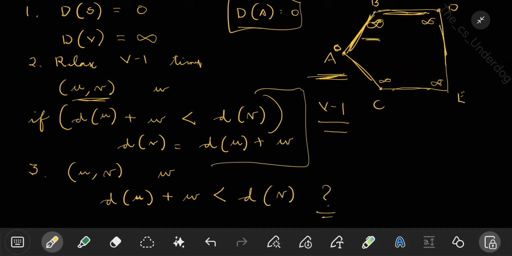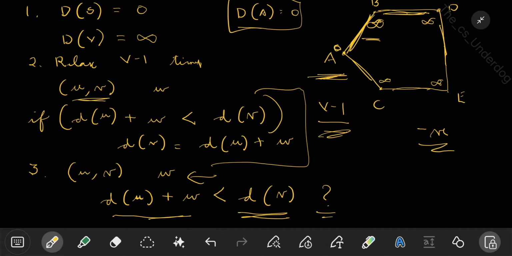If after relaxing V minus 1 times, still you are able to find some particular edge uv with a weight w such that distance to u plus the weight of the edge is less than distance to v, that means you can do one more relaxation and still find a shorter path. This also means the graph contains a negative weight cycle.